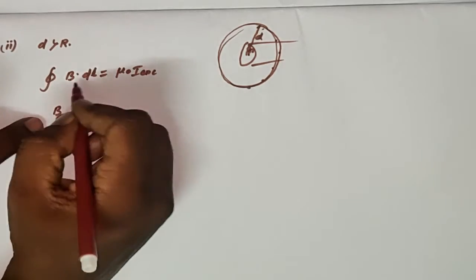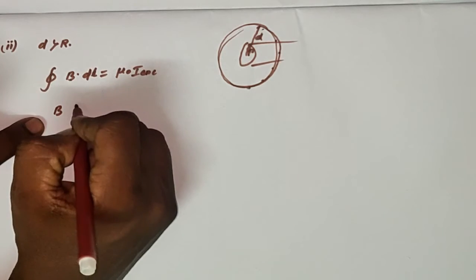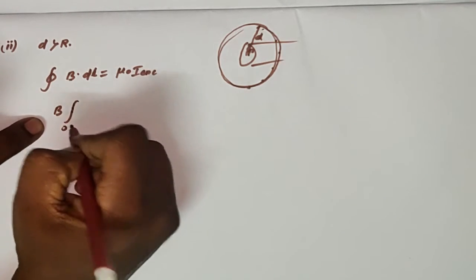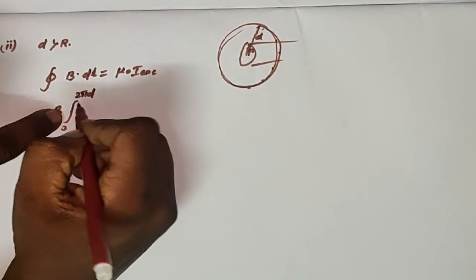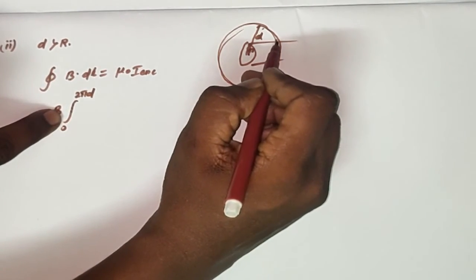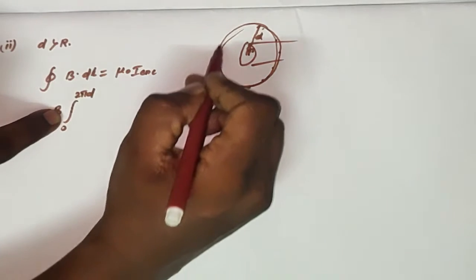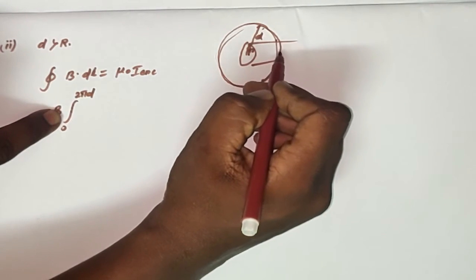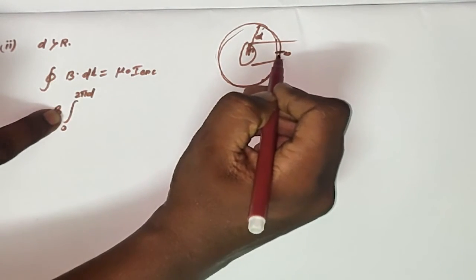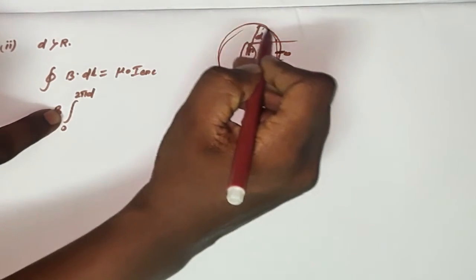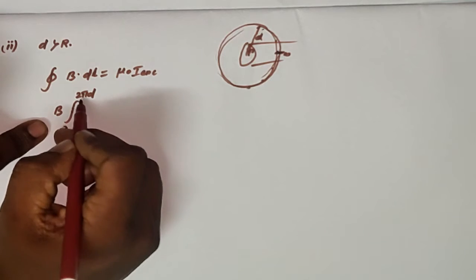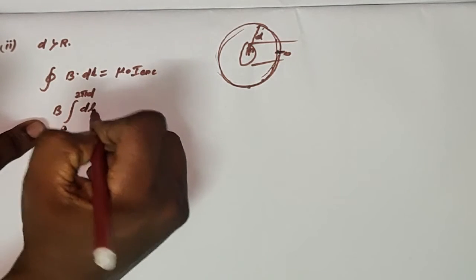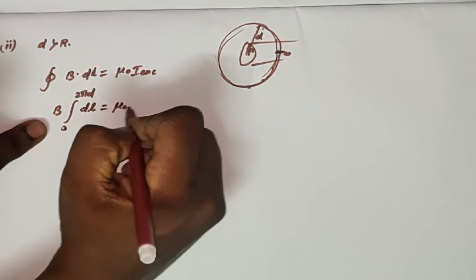Again the integral goes from 0 to 2 pi d, because we are taking the line integral. That means we are going to calculate the length of this circle. If we take any point as the reference point, the length of the circle represents the circumference. So the line integral will go from 0 to 2 pi d of dl is equal to mu naught.